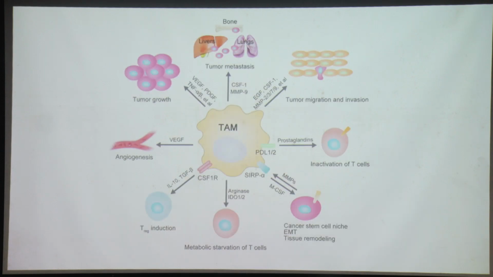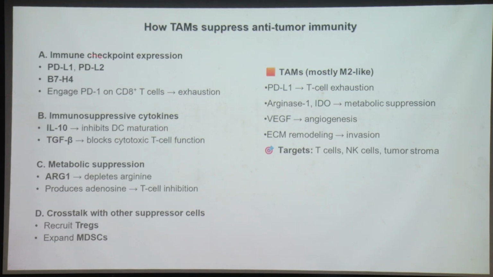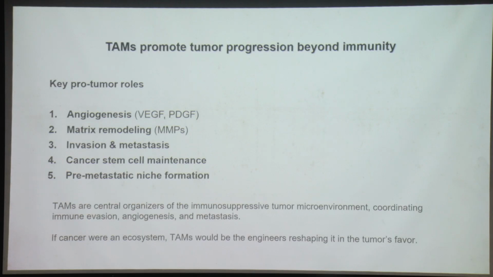Now we come to TAMs. TAM stands for tumor-associated macrophages. They also do a lot of bad things. They promote angiogenesis, tumor growth, migration, metastasis and inactivation of T cells, all the bad things. TAMs are equally bad, and they also do immune checkpoint expression, immunosuppressive cytokines, metabolic suppression and crosstalk, bringing in MDSCs and TREGs.